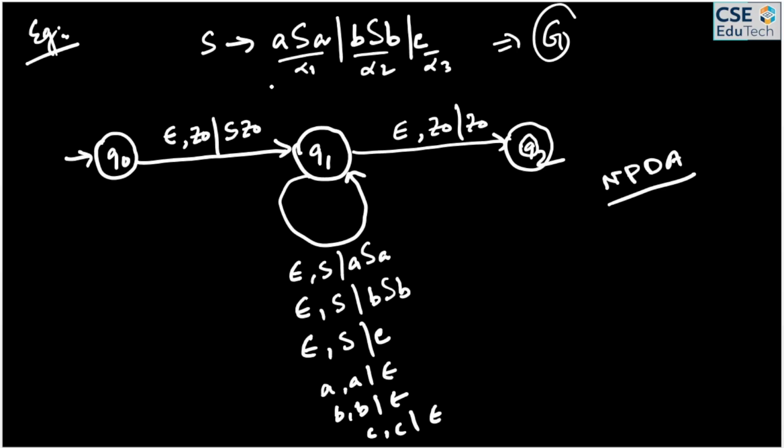Obviously we know the language generated by this grammar: c, aca, bcb, abcba, and so on. This kind of language is generated by this grammar.